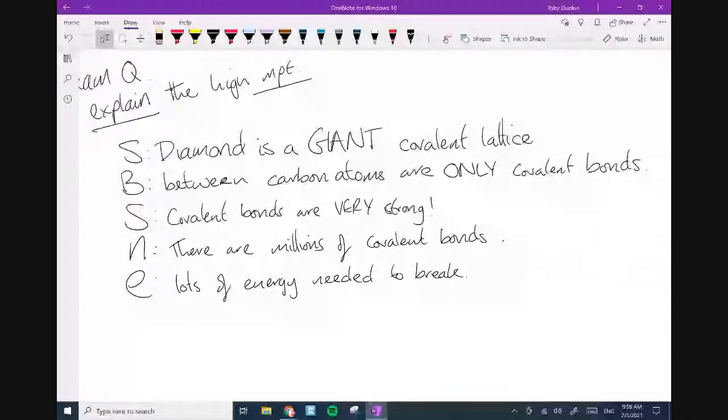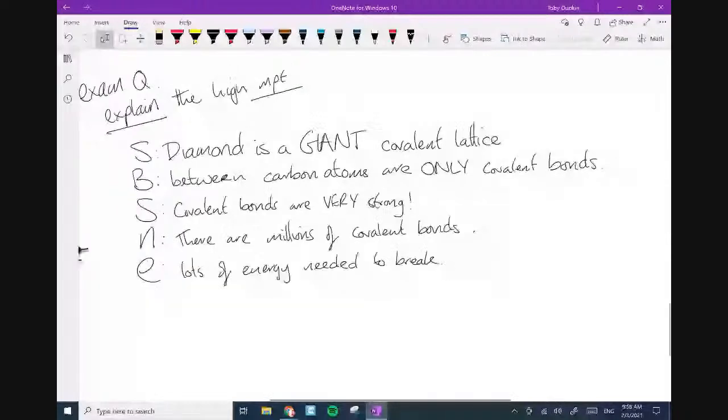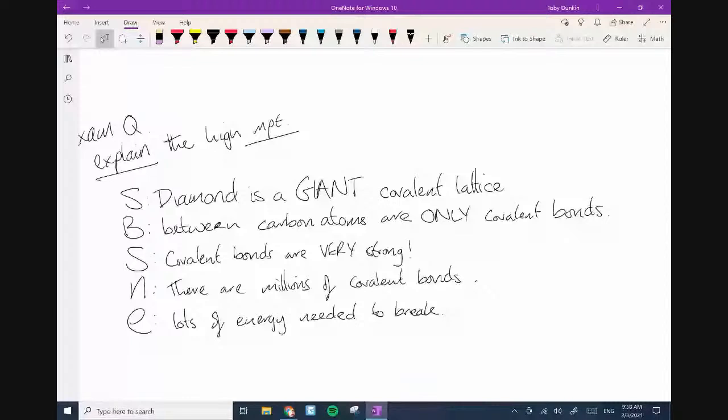So in my first learning objective, I said you have to know your giants. So what about the electrostatic attraction? Yes, that's a good point, Lauren. In reality here, you don't actually need to explain the electrostatic attraction. In this one, you only need to say covalent bonds.